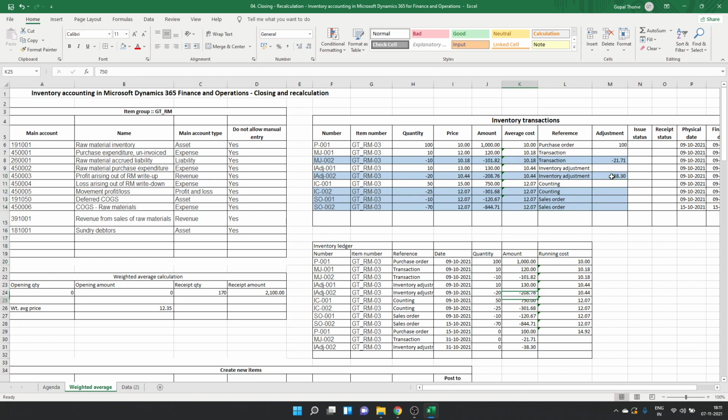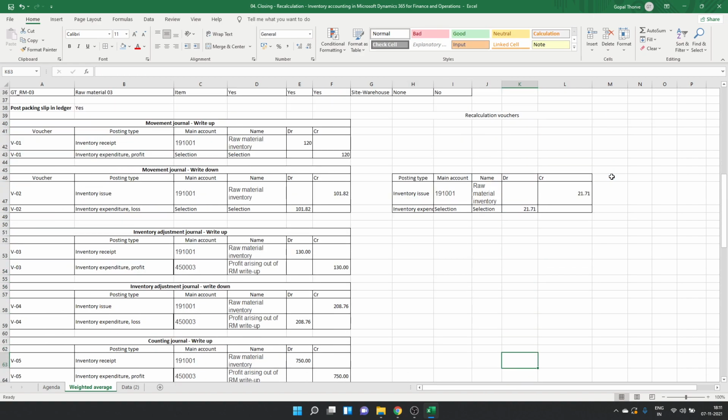Okay, so 38.30, which was not issued at the time of the real transaction, is posted now, and the accounting will be like this: this is inventory adjustment with the same posting type.